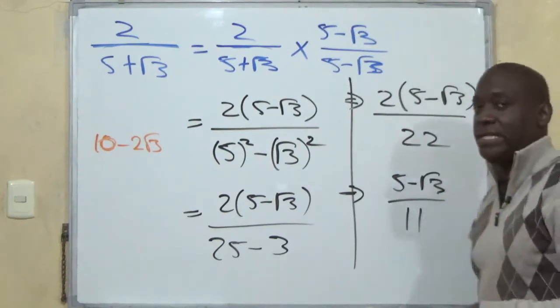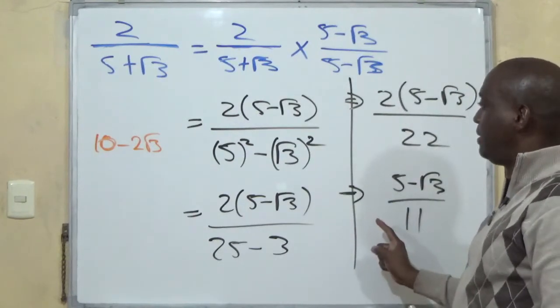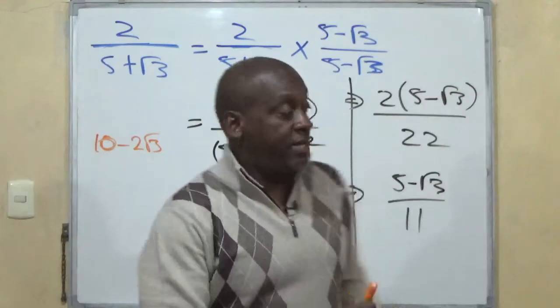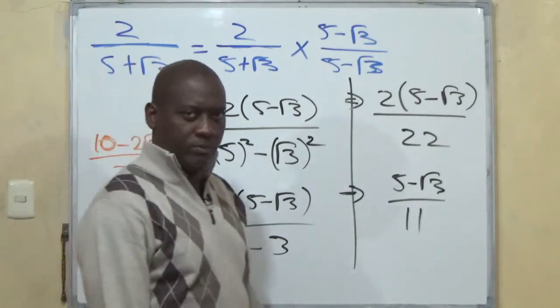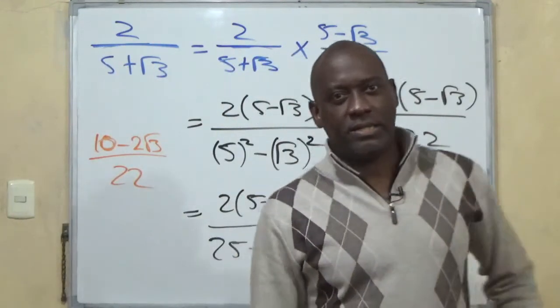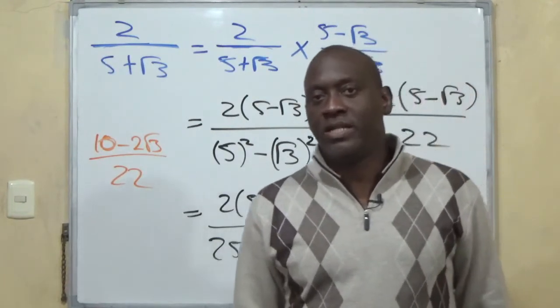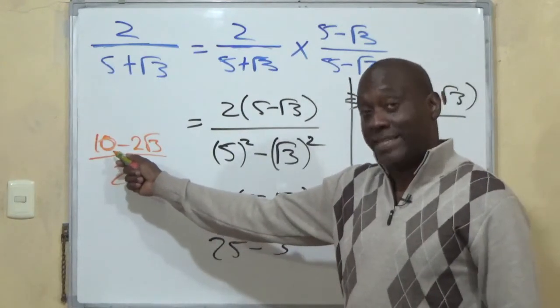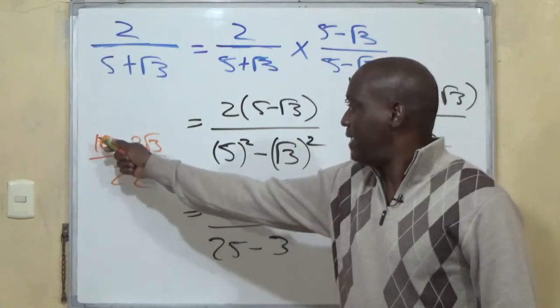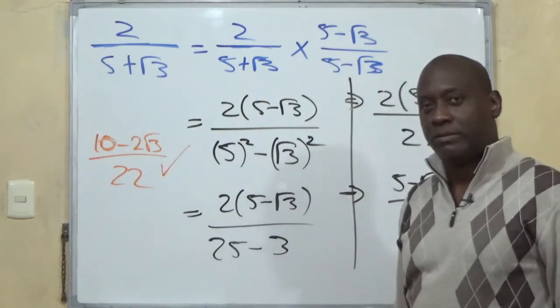Right? So in other words, you give yourself the chance of possibly ending up in a situation like this. Because if you have 10 minus 2 root 3 over 22, there's a pretty good chance for a lot of students that they will not see that they could take the 2 out, take it back out basically, and then divide it into the 22. Once they reach here, they will be quite happy to reach there and move on.